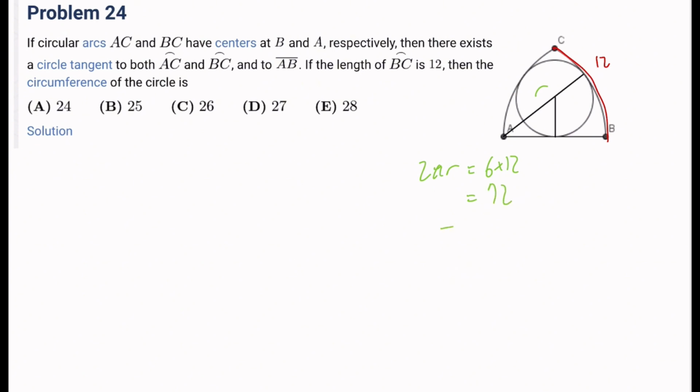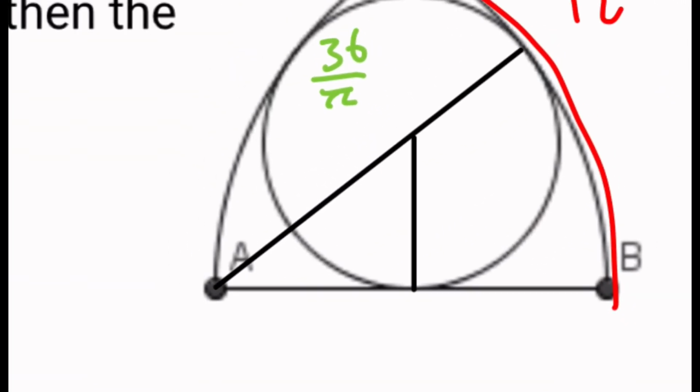So r equals 36 over pi, right? And since this is 36 over pi, a number over pi, this other radius would also be a number over pi. So let's say that this radius is a over pi.